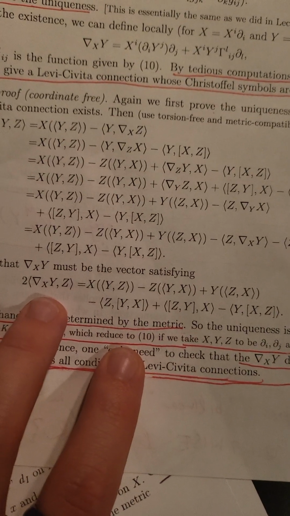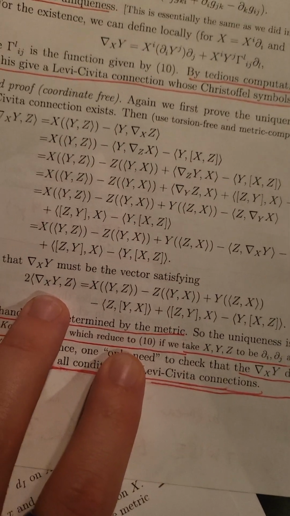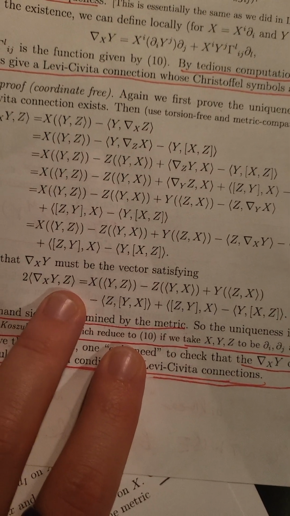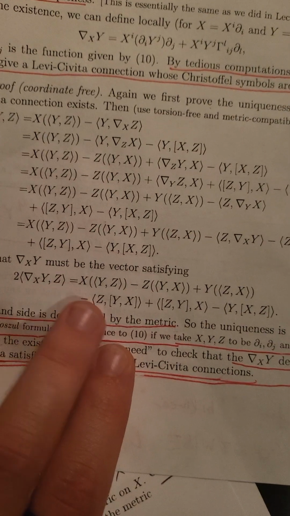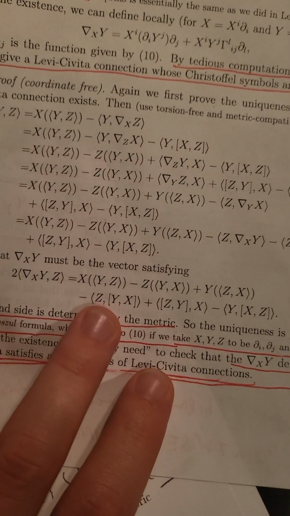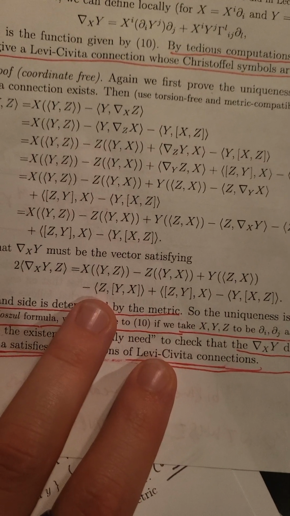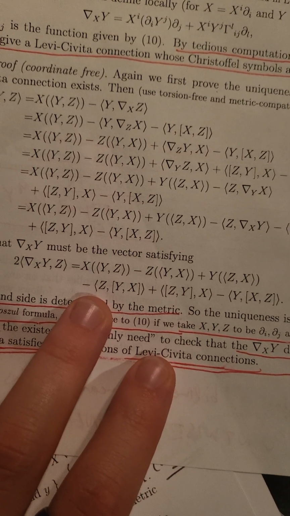And so you can just add this over and characterize the inner product of ∇_X Y with any Z, where X, Y, and Z are arbitrary vector fields. You can fully characterize this inner product just in terms of the inner products of the vector fields themselves.